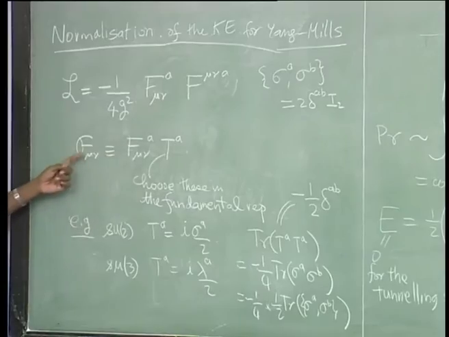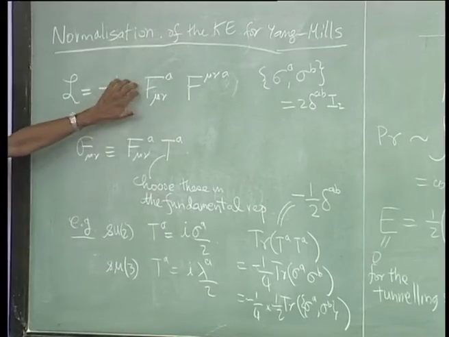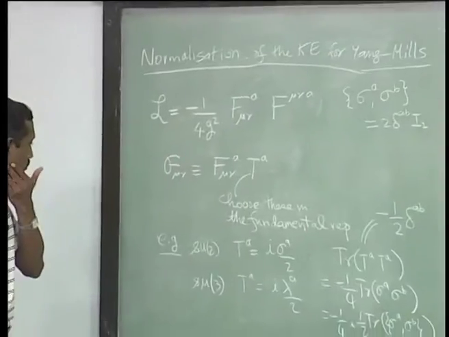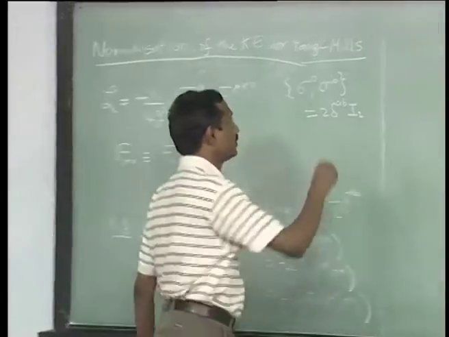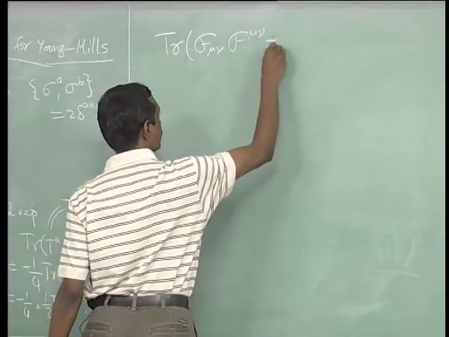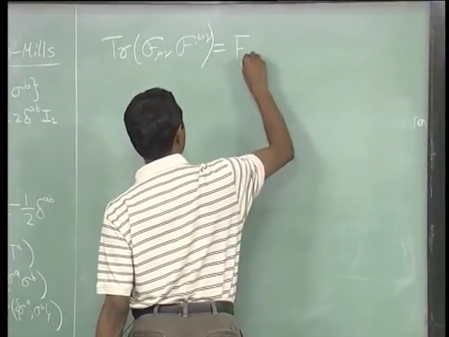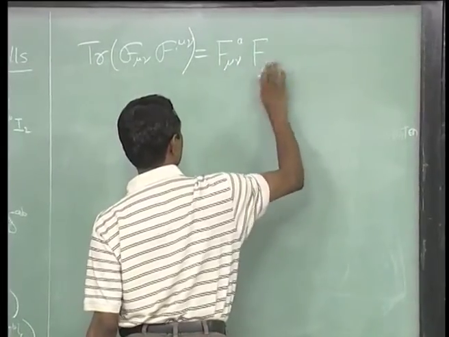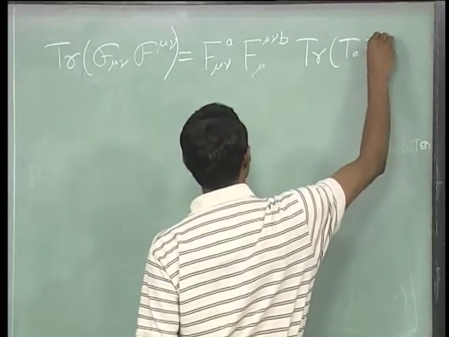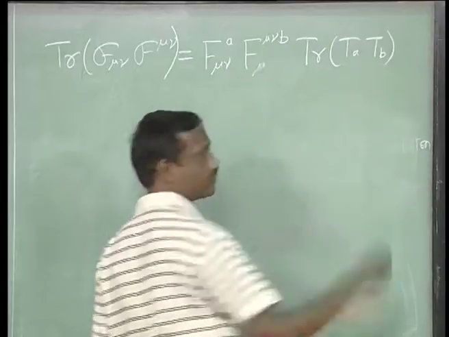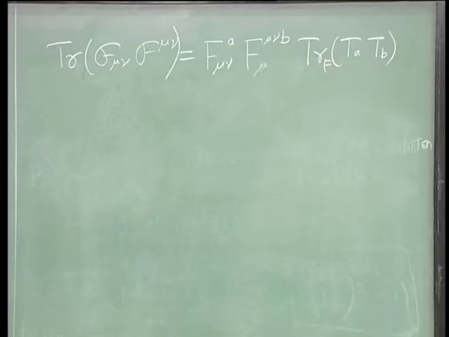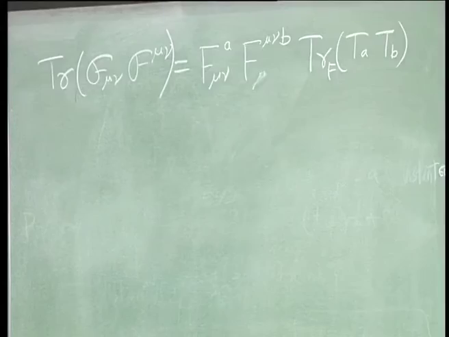So the idea here is that I want to write the same action in terms of this matrix valued object. So let us look at what we get for the trace. You can pull out the F mu nu A, F mu nu B trace. We are going to work in the fundamental representation, and the normalization, at least for these things, is minus half.